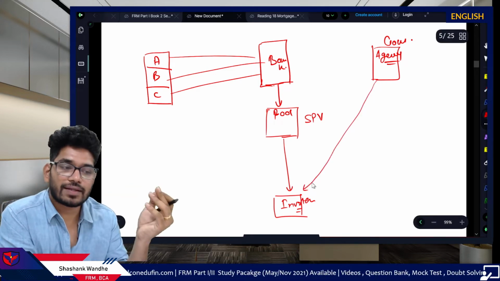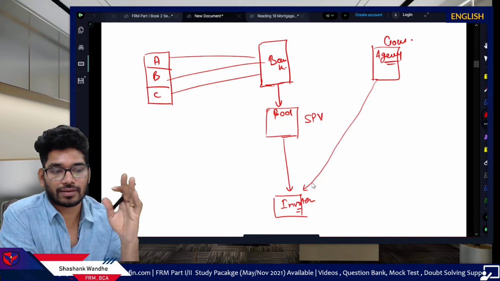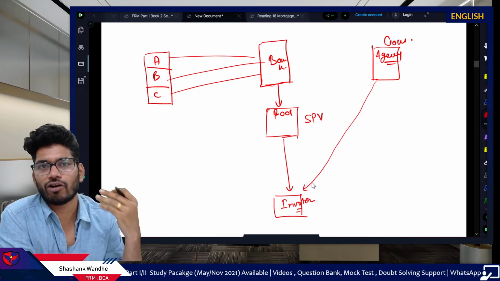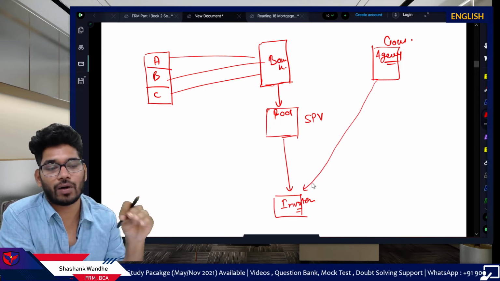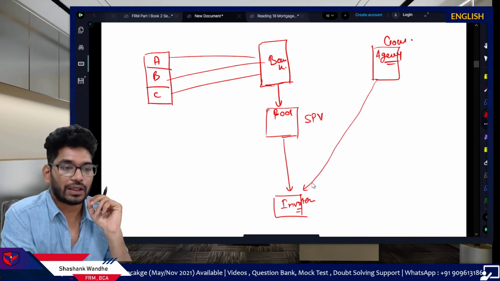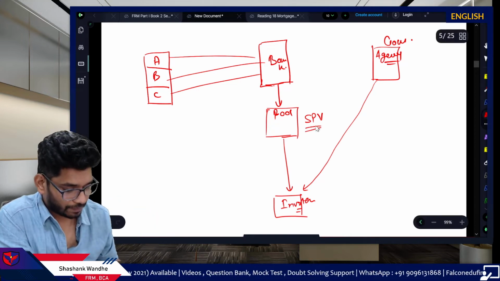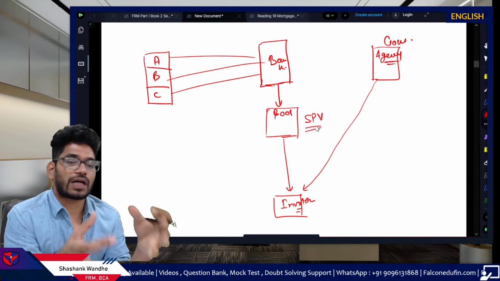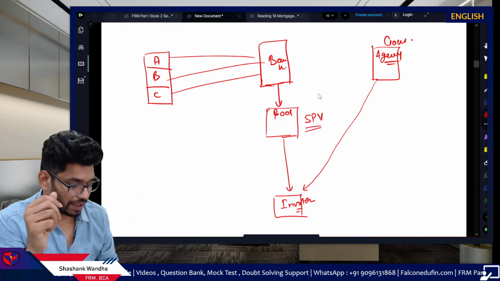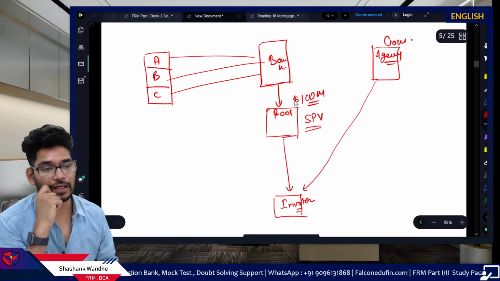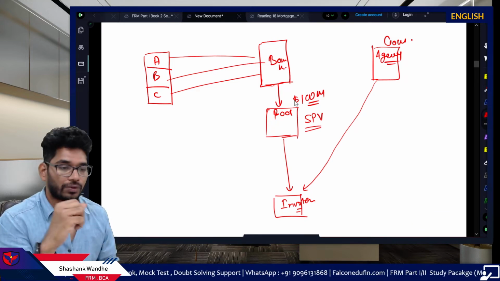So when the agencies are involved, the agency wants some kind of assurance or certainty about things going well, right? Now imagine a scenario. This bank creates a pool, that is SPV, and transfers assets worth $100 million into this particular pool.